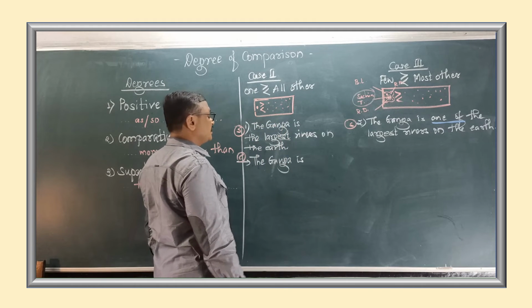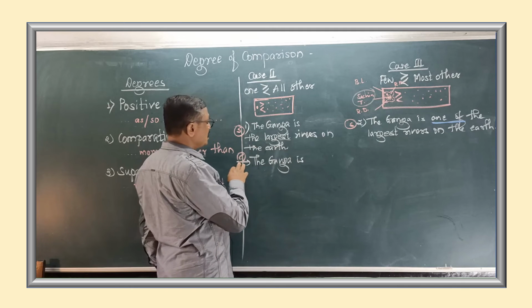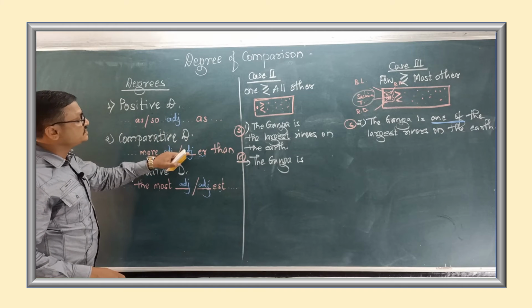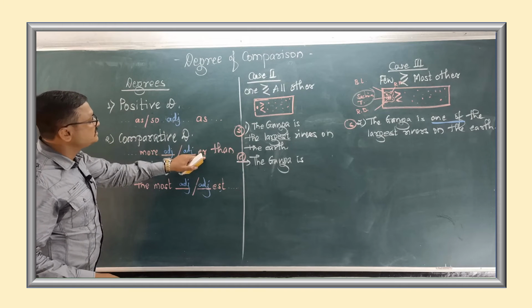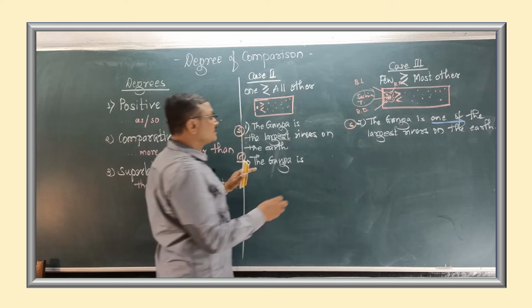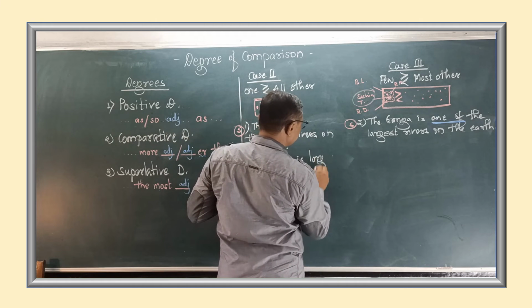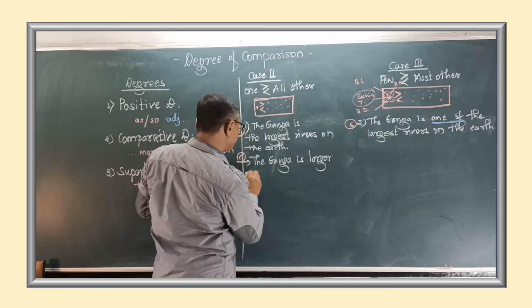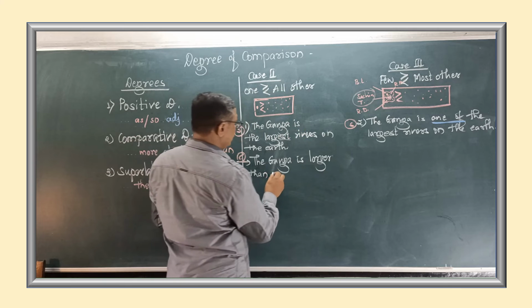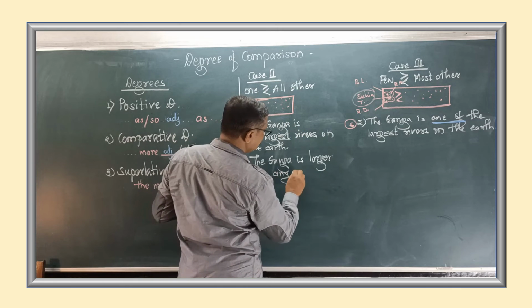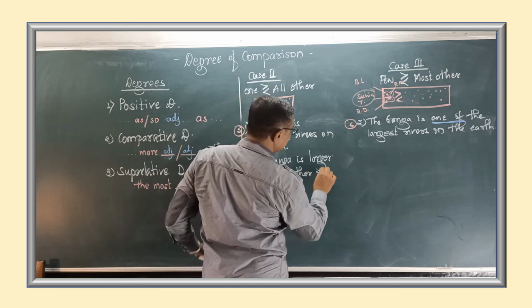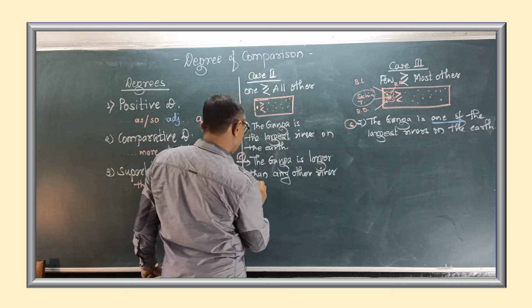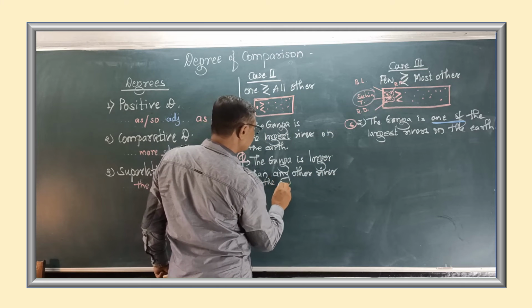It is the superlative degree, and when we are going to change it into the comparative degree, we'll use this structure. Adjective large, its suffix er. The Ganga is larger, and it is followed by than, as it is already mentioned in the structure, than any other river on the earth.